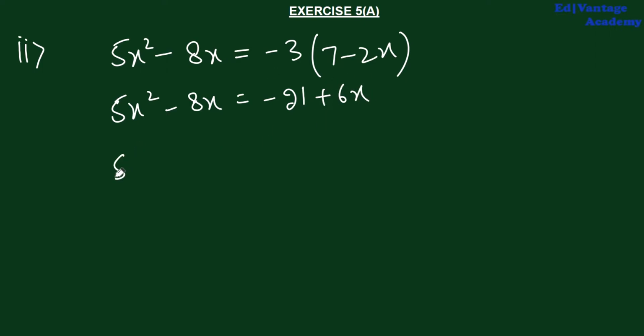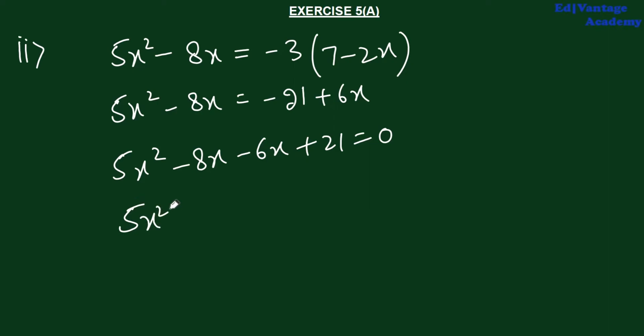When I take them to the left side, 5x square and minus 8x are already there, but 6x will come, minus 21 will become plus 21 is equal to 0. So if I add or subtract like terms, these two are like terms. Minus 8 minus 6 is minus 14x plus 21 is equal to 0.